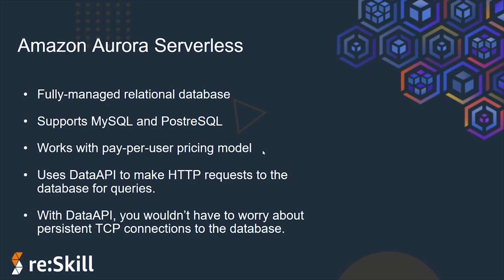With Aurora Serverless, although you are provisioning an under-the-hood server, the interaction is happening over the Data API, which makes HTTP requests to the database, and all your queries work on top of the Data API, and all the pricing is based upon the Data API usage.